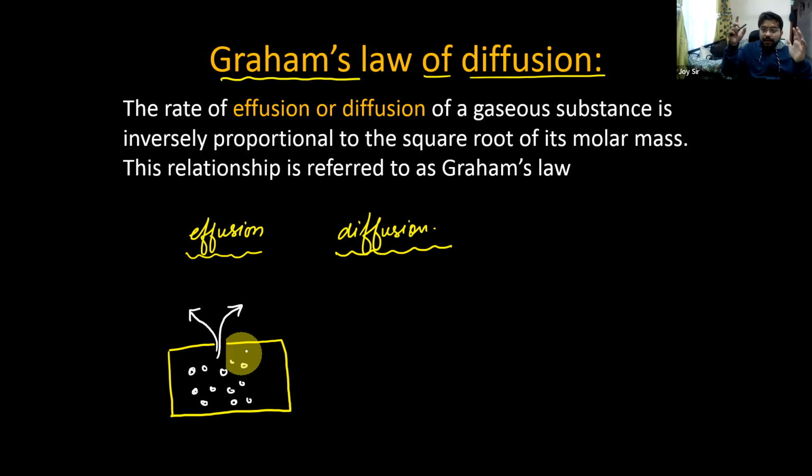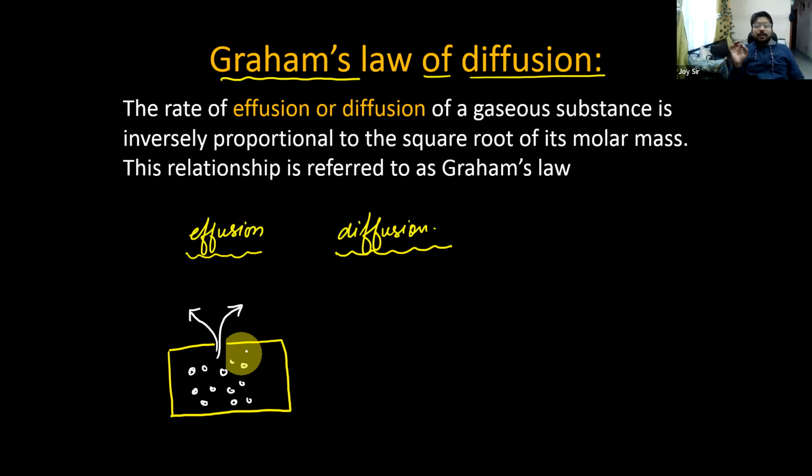When you press the cap or key of the deo, what happens? The gas comes out immediately. Why? Because the internal pressure is higher and the external pressure is lower.